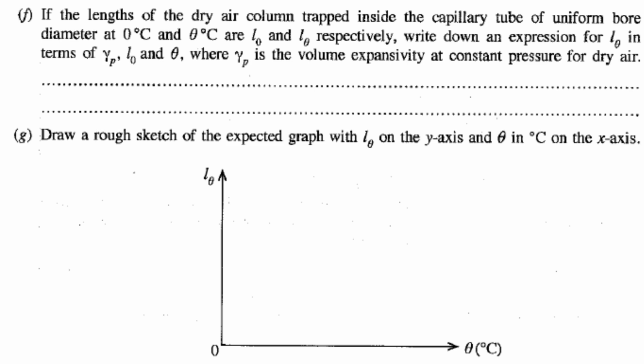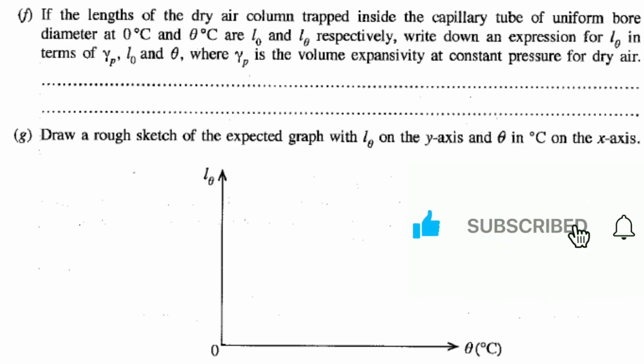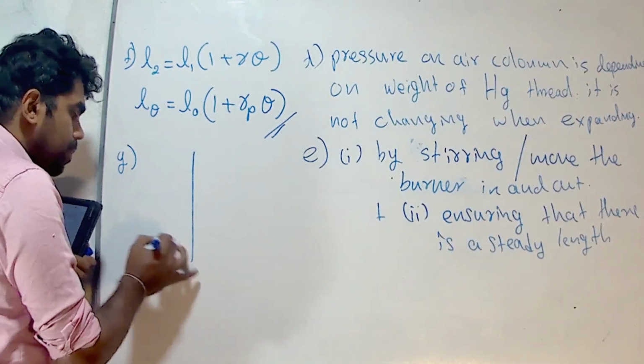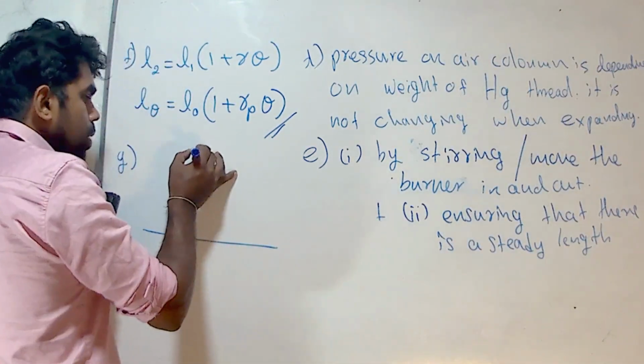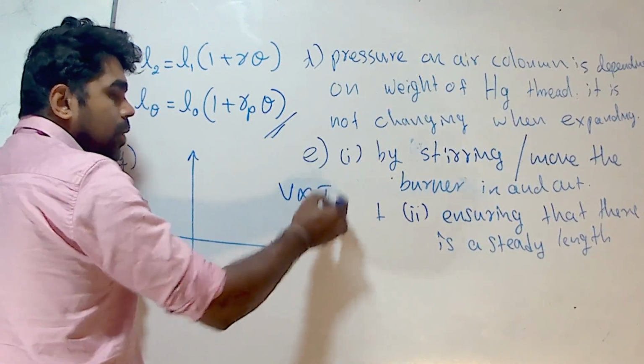Then G. Draw the rough sketch of expected graph with L theta on y-axis and theta in x-axis, theta in Celsius. We know that according to Charles' law, volume is directly proportional to absolute temperature.